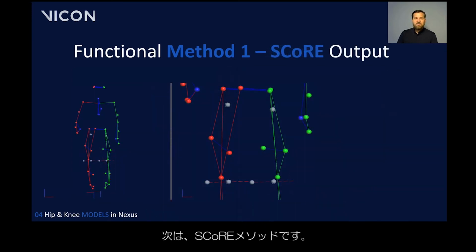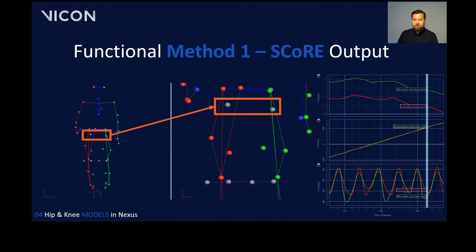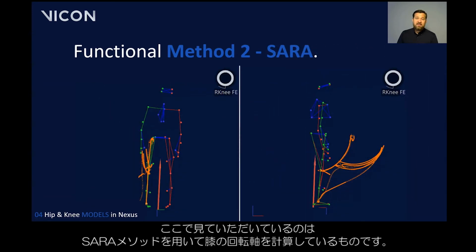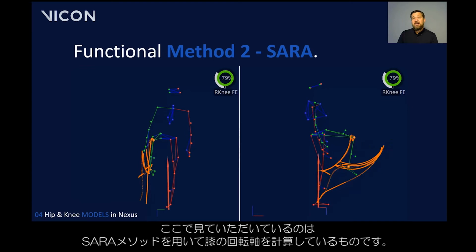Then we have the SCoRE method. That's the first method that we'll be looking at. So we can see the joint centers being calculated here. So there we have our hip joint centers. And then the second method we're looking at is the SARA method, which calculates the knee axis of rotation.